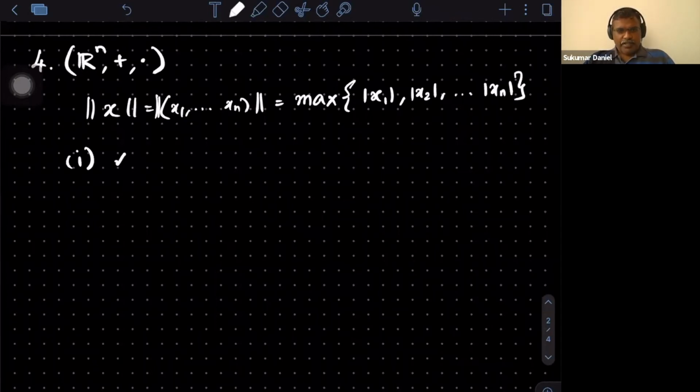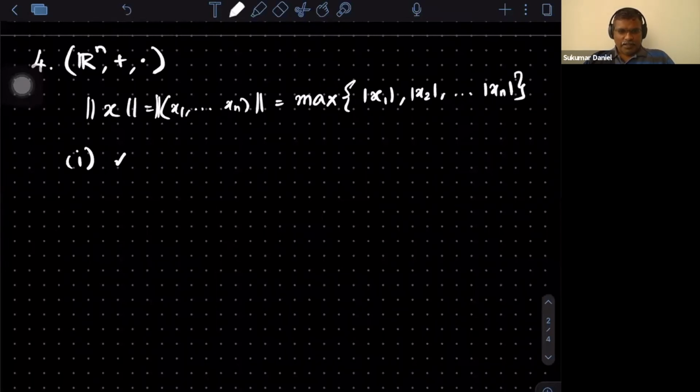What about definiteness? Okay, definiteness, is it clear? Again, this is a standard thing in any course. If you want to check whether something is true for some n, always check for 2 and 3.